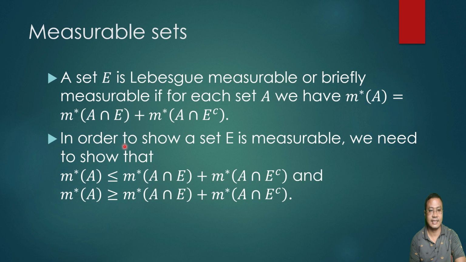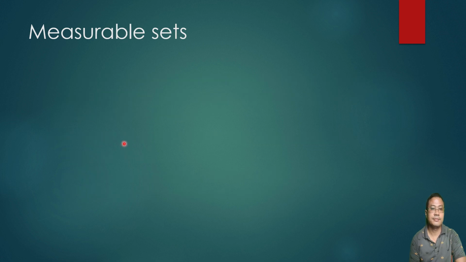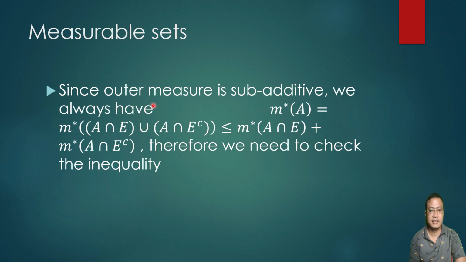Since outer measure is sub-additive, here we are going to use the countable sub-additive result. The set A can be written as the union of A intersection E and A intersection E complement, because A can be written in this form.